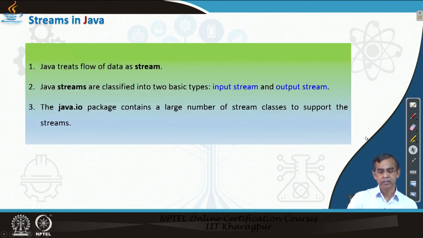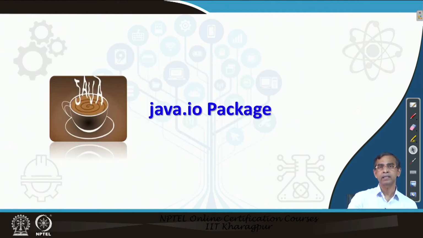So, now let us consider this concept. As I told you, input stream and output stream are the two concepts that need to be supported. So, the Java developers have provided a package for this purpose, the java.io package, and from JDK 8 onwards they have introduced another new package called the new input output, java.nio.